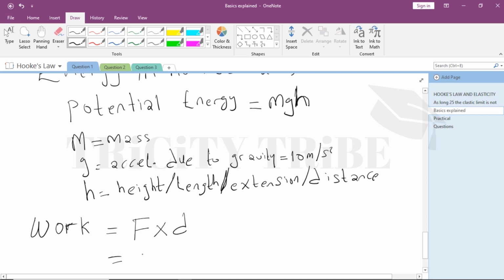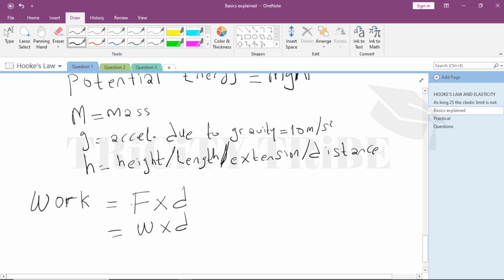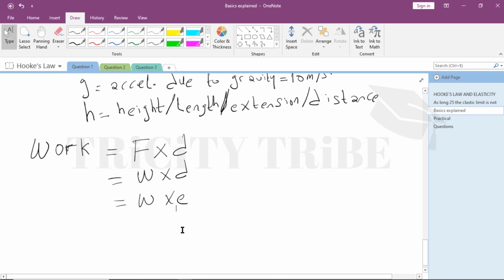It can also be your weight times your distance. It can also be your weight times the extension. Remember I said distance is the same thing as length, extension, or height, or whatever. So just know that it has to do with length or distance. Any of them. You can still use your force times your extension.